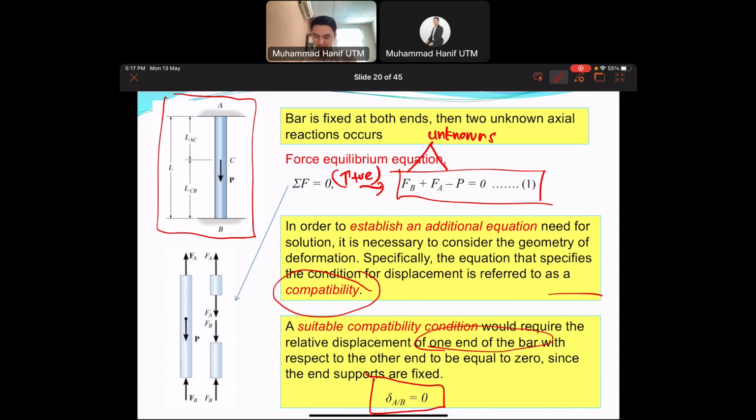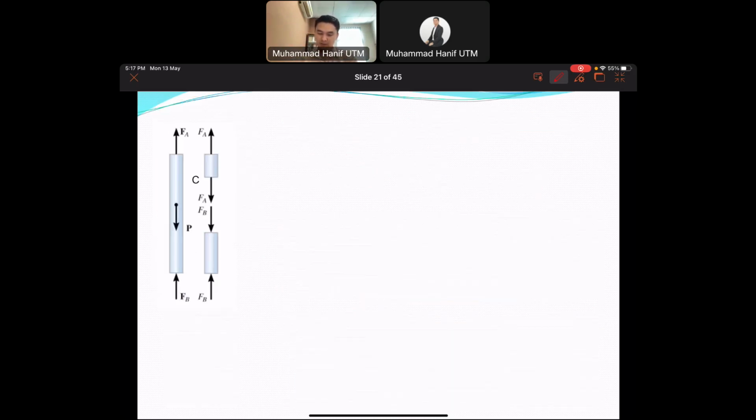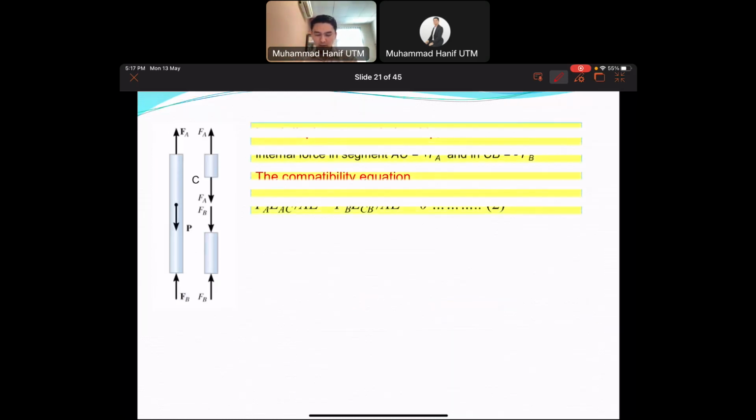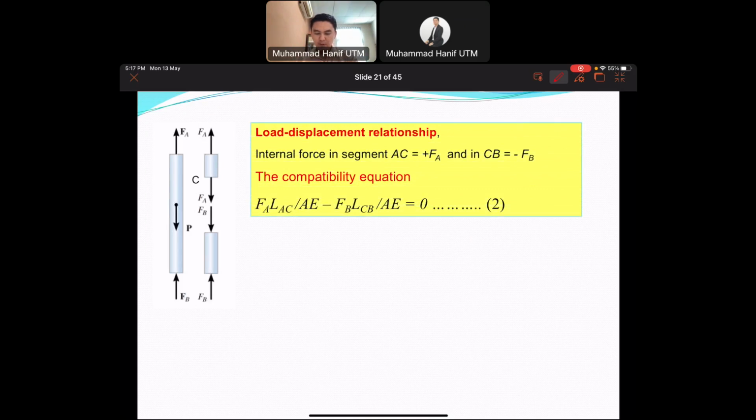From this delta equal to 0, we can generate another equation. Now the load displacement relationship: you know that delta equals PL over AE, so you can use this equation to generate the second equation. The internal force in segment AC equals plus FA.